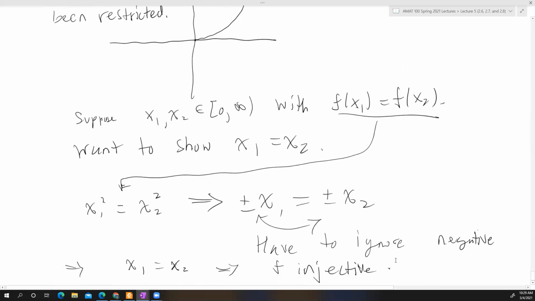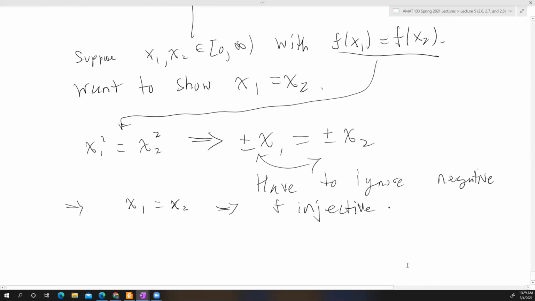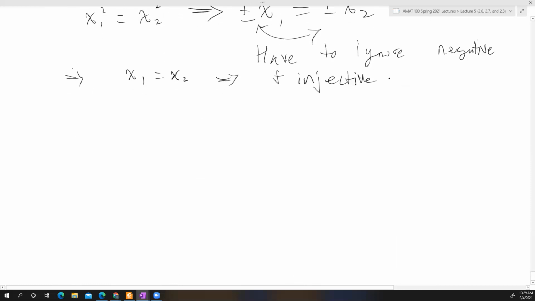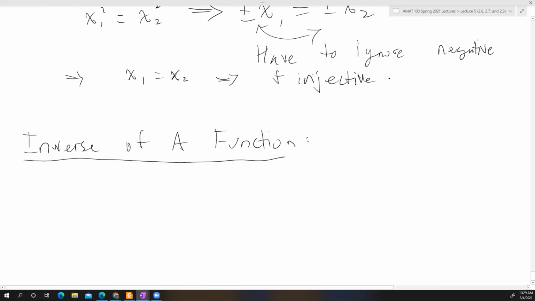So with all of this in mind, we can now define the inverse of a function. So let's look at the inverse of a function. Let me introduce this definition. We're starting with f as a function from A to B that is injective, so we need injectivity from the start. If it's not injective, then this definition won't make sense.